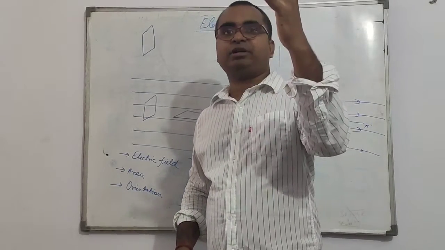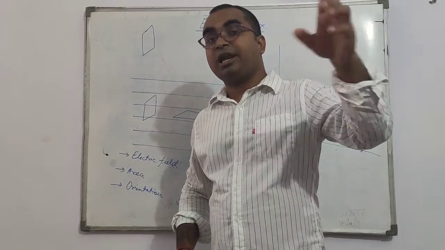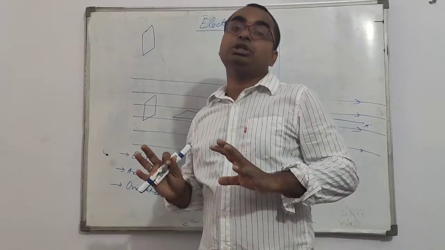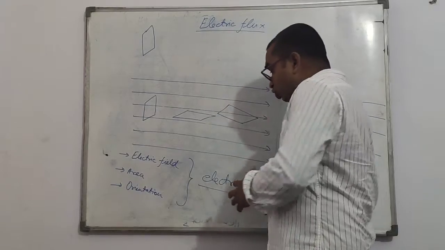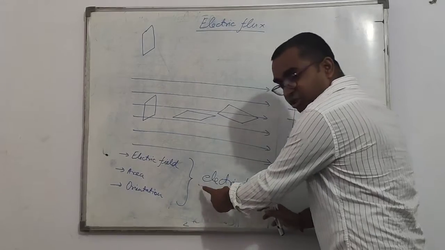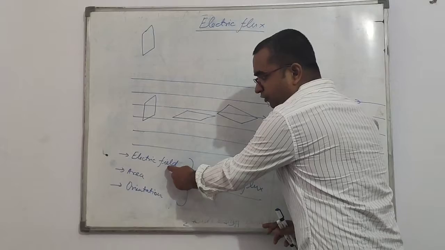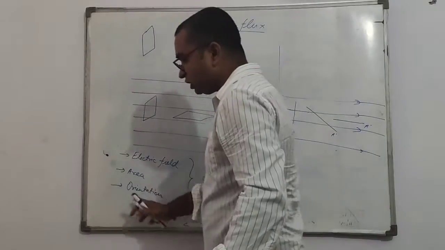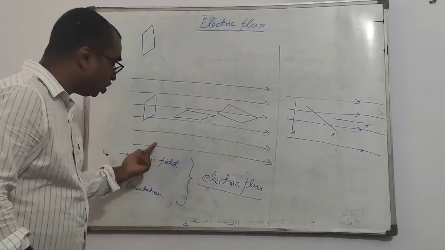You should always remember this. This electric flux, the number of field lines passing through an imaginary surface area, depends on electric field. Very clear. Second, it depends on area. Third, it depends on orientation. We will discuss one by one how it depends.